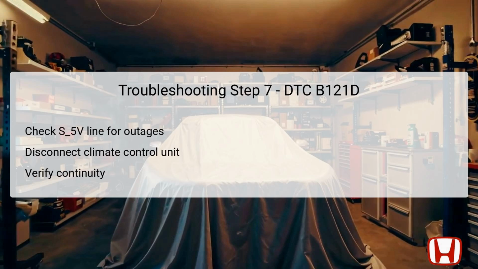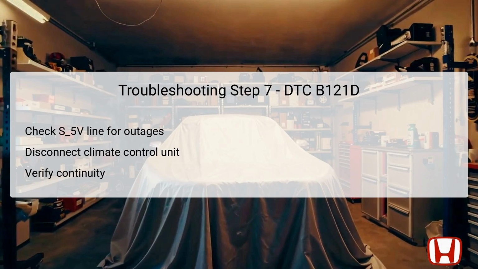Step 7 directs attention back to the S5V line for potential issues leading to communication failures. This commences by turning the ignition switch to lock for safety and then disconnecting the climate control unit's 32P connector. With both connectors detached, a continuity test must be conducted between climate control unit connector number 16, black, and humidity sensor connector number 1, black.